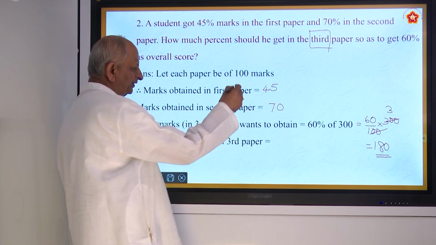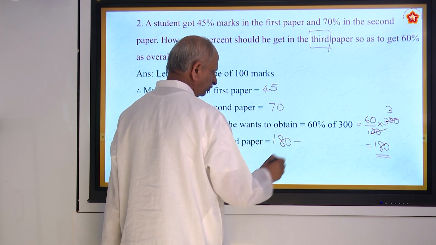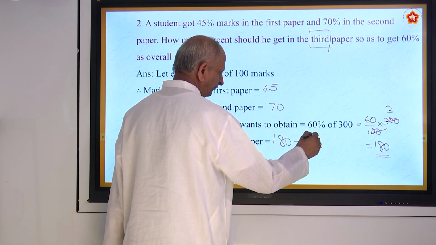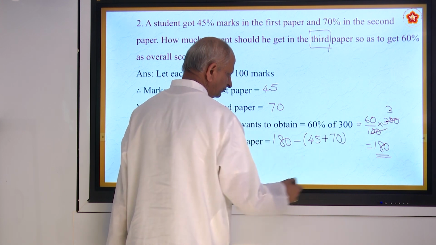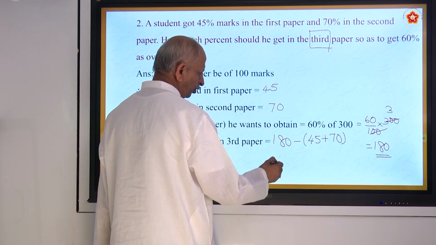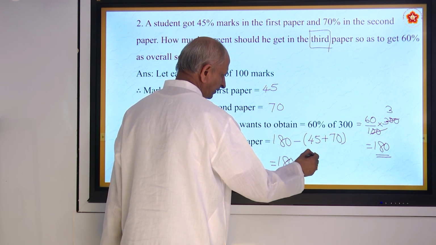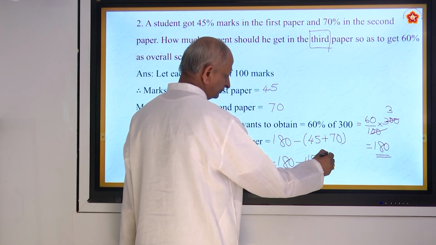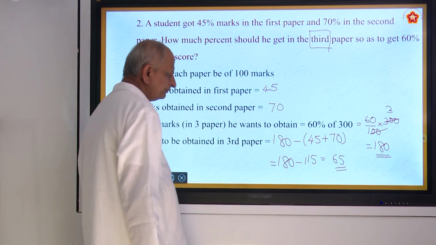In 180, how much has he scored? 180 he has to score in total, out of which he has scored 45 in the first paper, 70 in the second paper. That will be equal to 180 minus 115. That is how much? 65. Right?